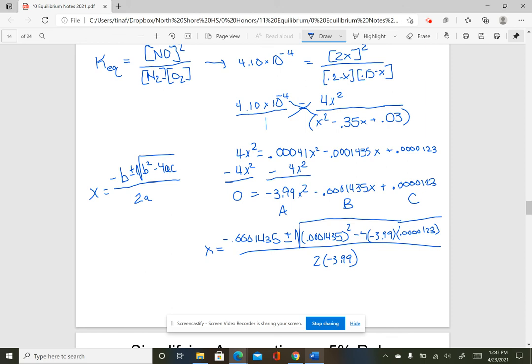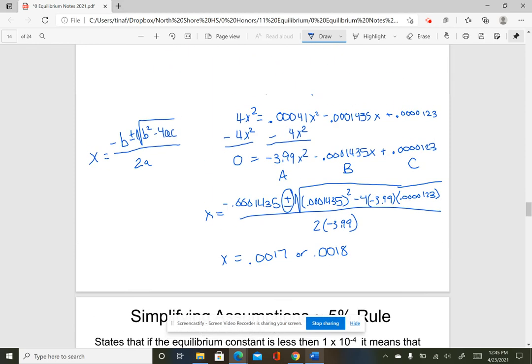So when you plug this in, you're going to get x equals 0.0017 or 0.0018. Whether you added or subtracted here, these numbers are so small, guys, that you're getting close enough to the right answer either way.